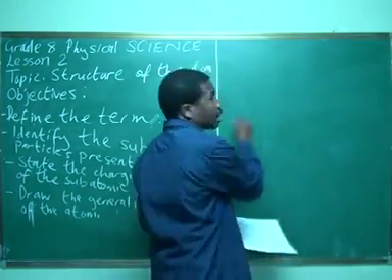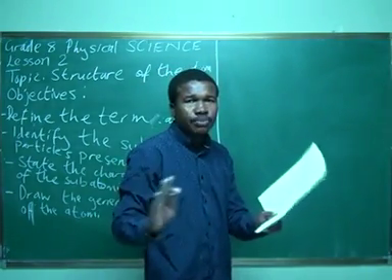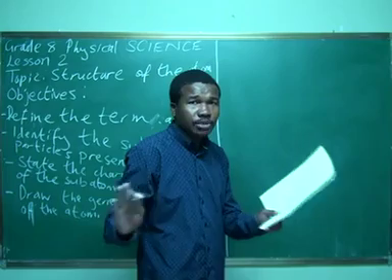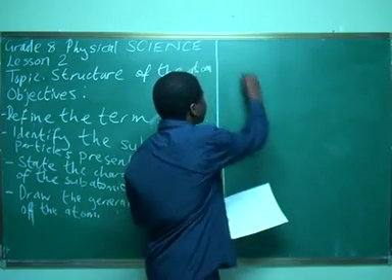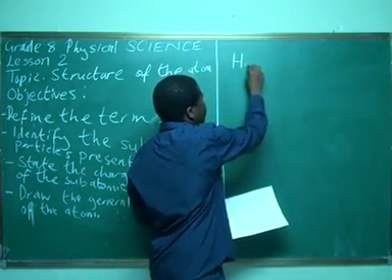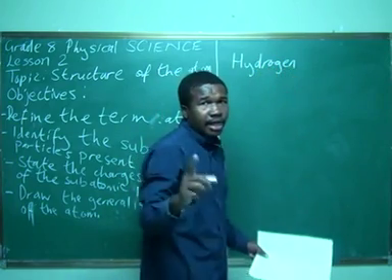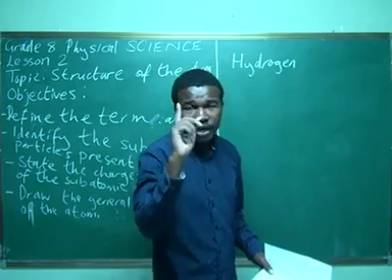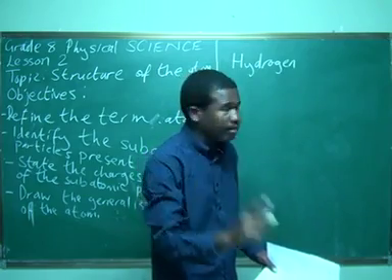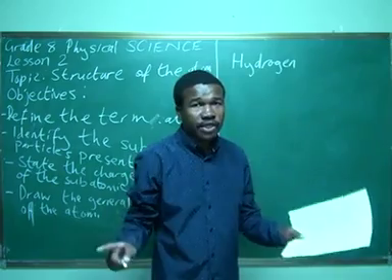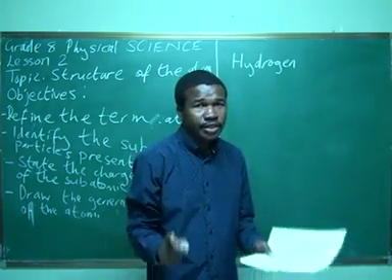So I'm just going to write you a simple reaction. If we were to take the element hydrogen, you saw the element hydrogen is element number 1, remember. And we said we will focus mostly on the first 20 elements.